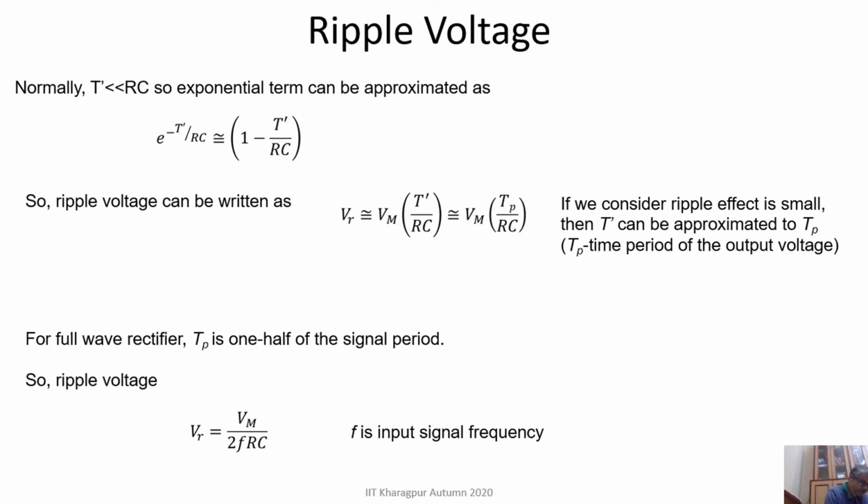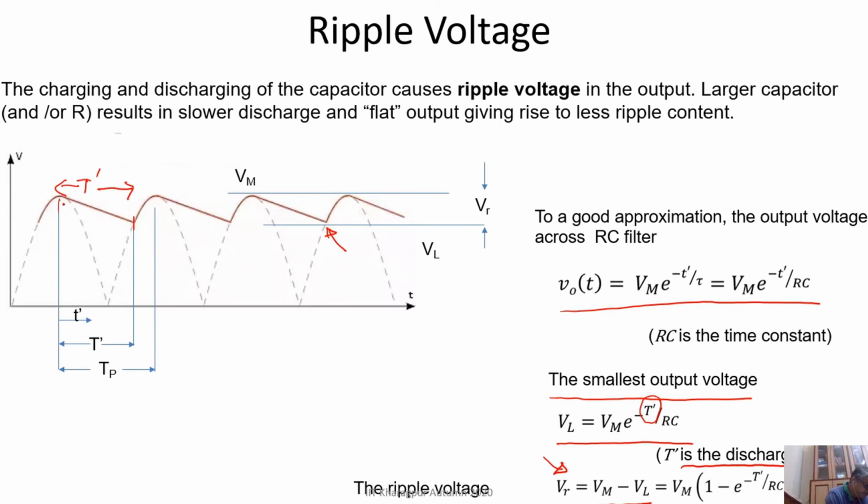Now often that T dash, that is this discharging time, should be much less than RC. Otherwise what will happen, the capacitor will be fully discharged, if this condition is not valid. So the RC time constant is much larger, so the capacitor will start charging again before it is discharged considerably.